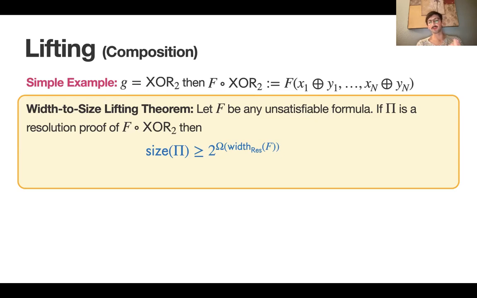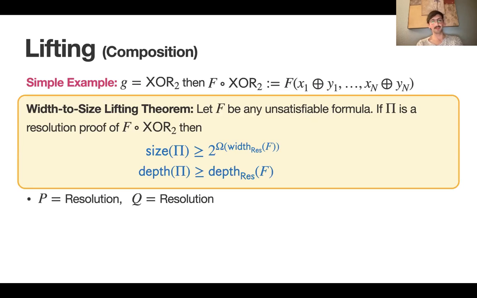Said differently, we're lifting lower bounds on the width of the uncomposed function to lower bounds on the size of the composed function. Also, we can maintain that the depth of this proof has to be at least the depth of proving the uncomposed function. This is a pretty simple width to size lifting theorem, and it can be proved by a pretty standard random restriction argument.